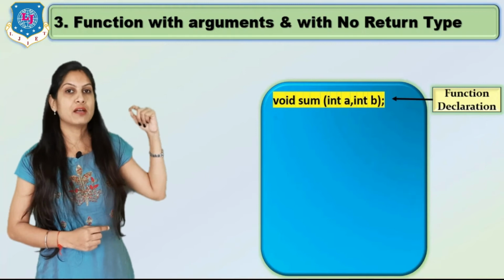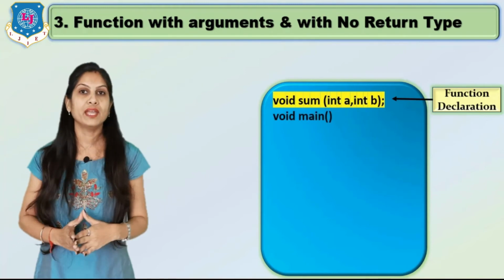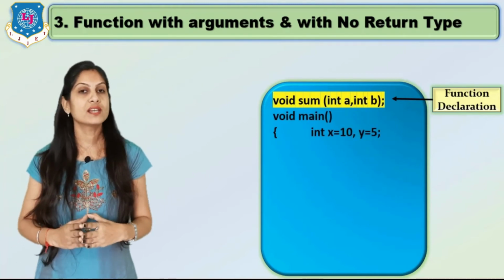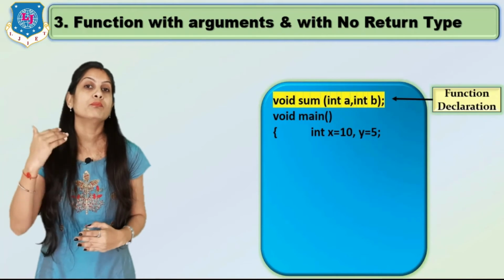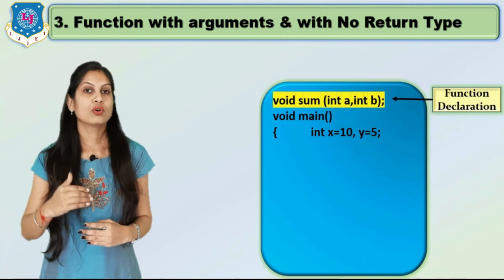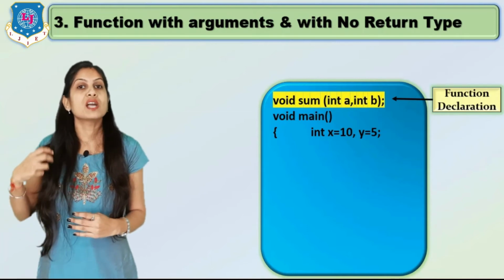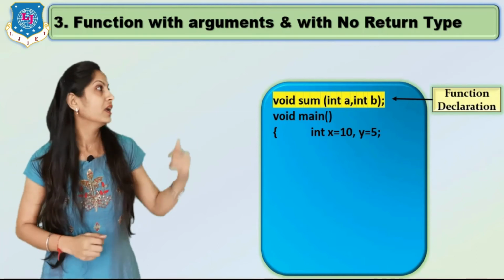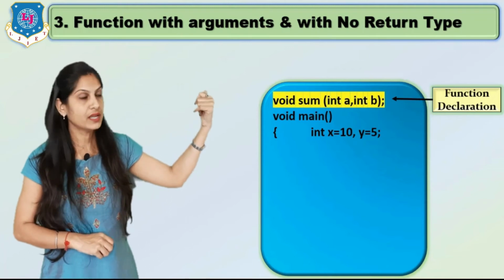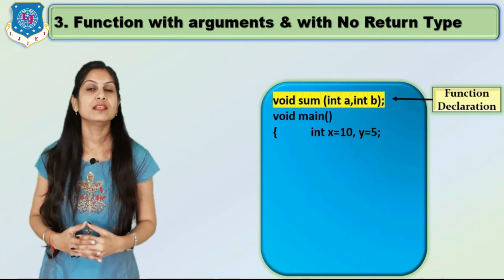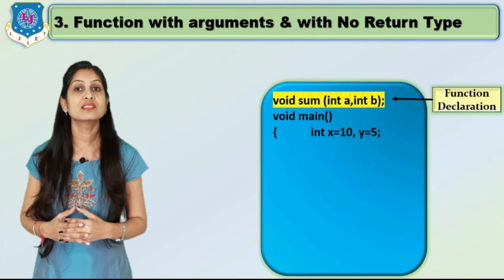Now after the function definition, jump onto the void main, and inside void main the input part is there. So the value which we are passing in our function definition, that we have to read from the user in void main. Clear? So for that we are writing integer x equals 10 and y equals 5.